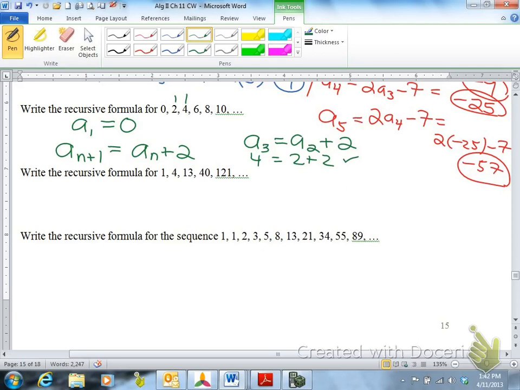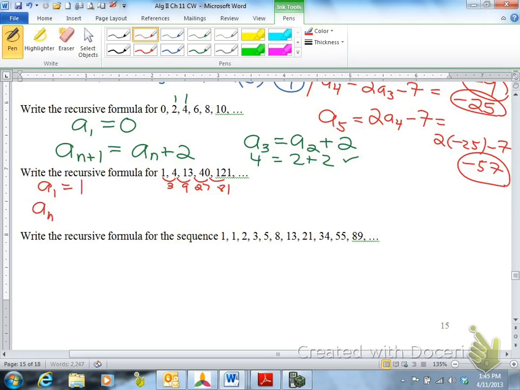Let's pause and think about this. So look at how the numbers differ. We have a difference of 3. We have a difference of 9. We have a difference of 27. Something mysterious going on here. We have a difference of 81. These are powers of 3. So if you start, your first term is 1.